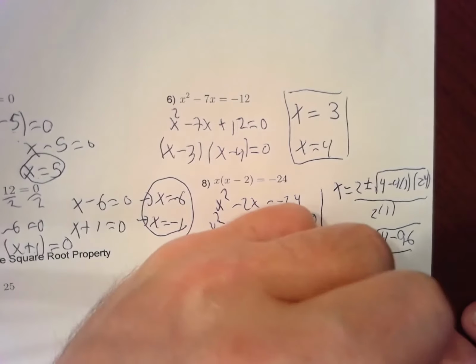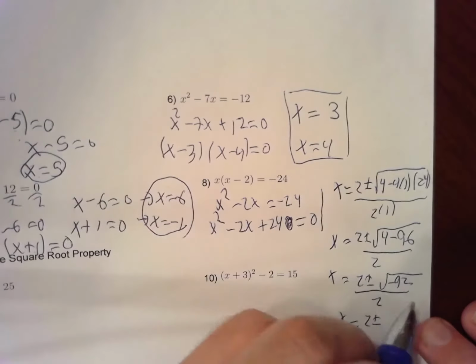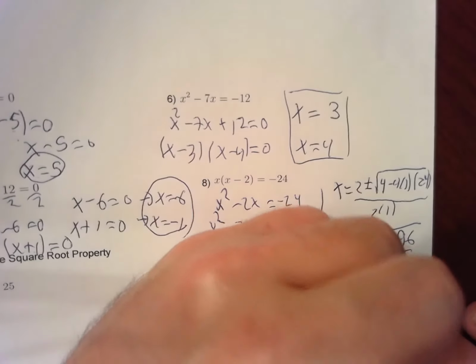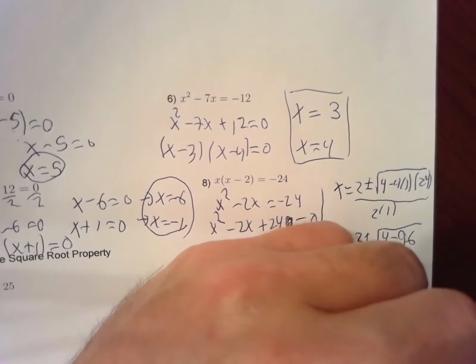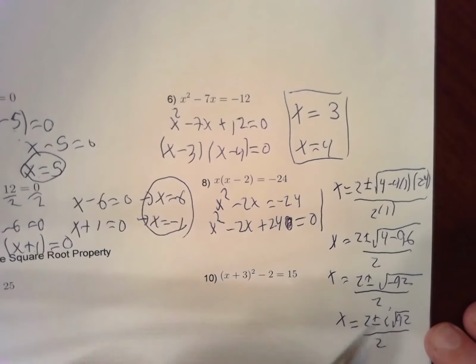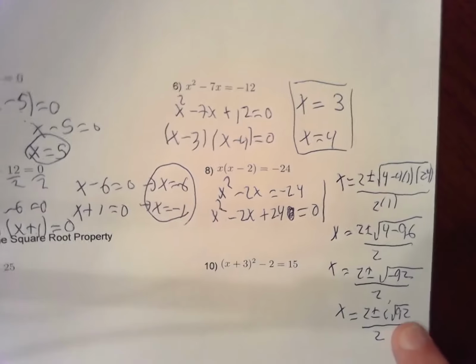Or x is 2 plus or minus, we could pull out the square root of a negative, which is i, so i square root of 92, over 2. Okay, that will actually simplify. We could simplify it a little further. See, 92 divided by 4 is 23.